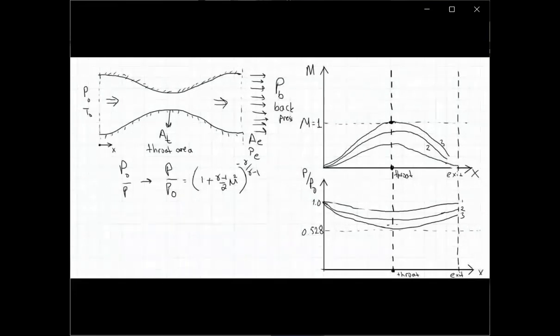Let's say we'll have a little Mach number here, a little bit more than that, and a little bit more than that at those 3 sections, because we keep reducing the exit pressure. And by the way, the first one is this, this is 1.